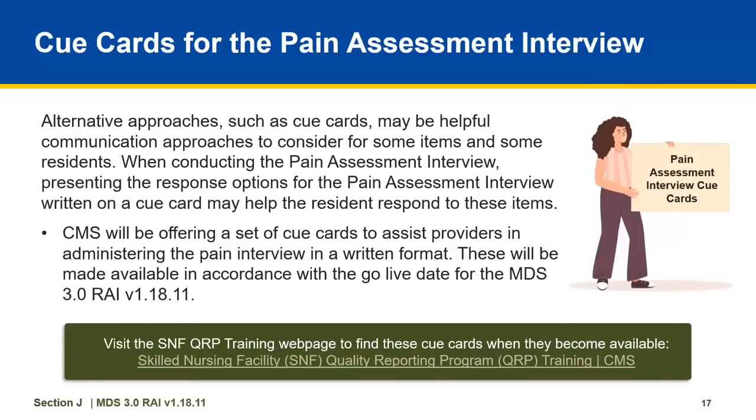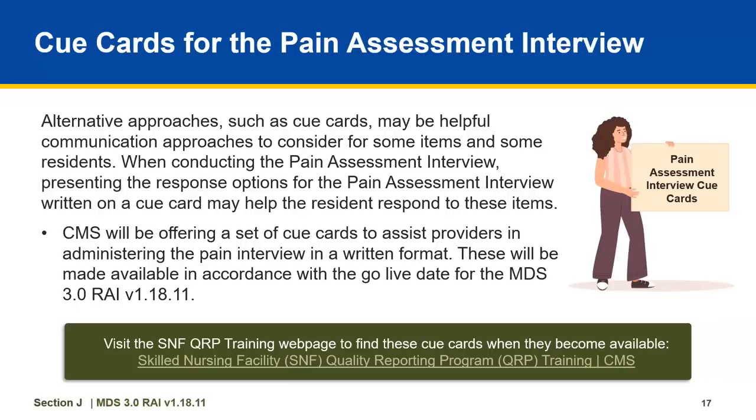Alternative approaches, such as cue cards, may be helpful communication approaches to consider for some items and some residents. When conducting the pain assessment interview, presenting the response options written on a cue card may help the resident respond to these items.